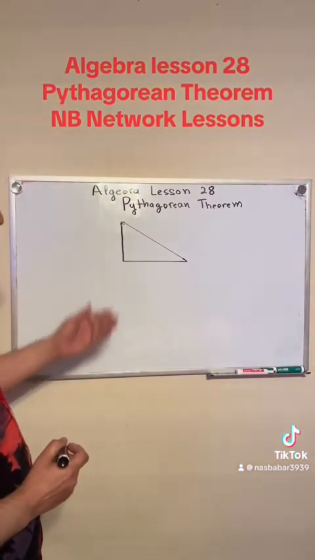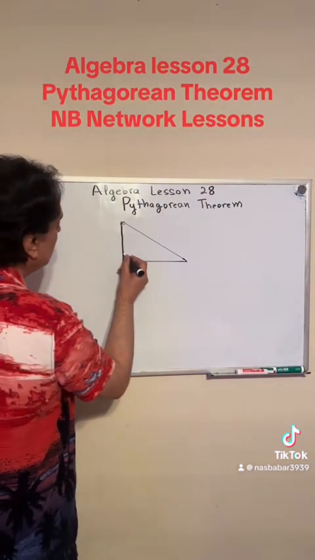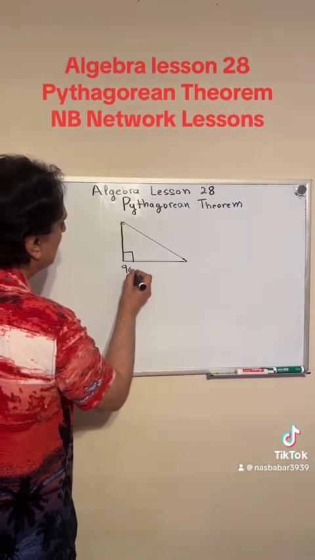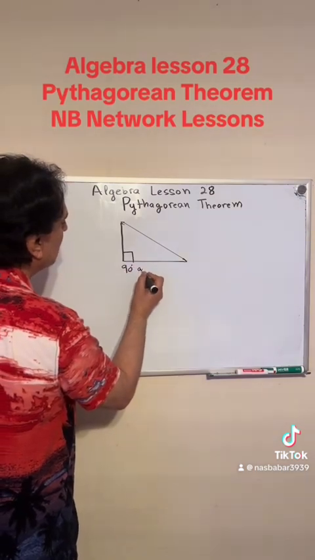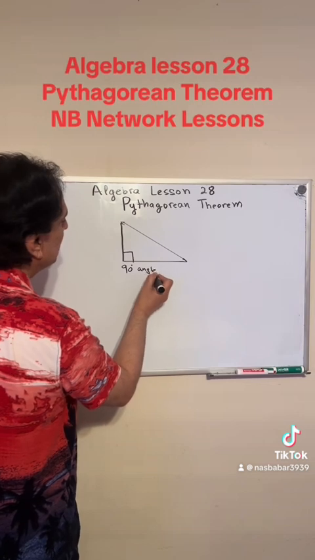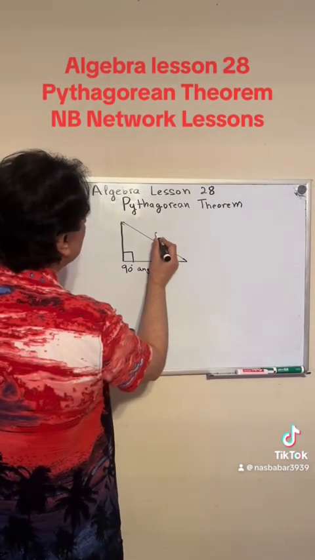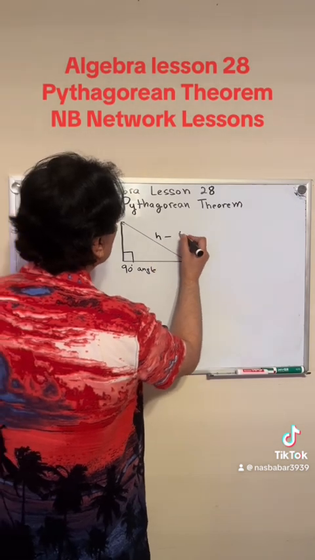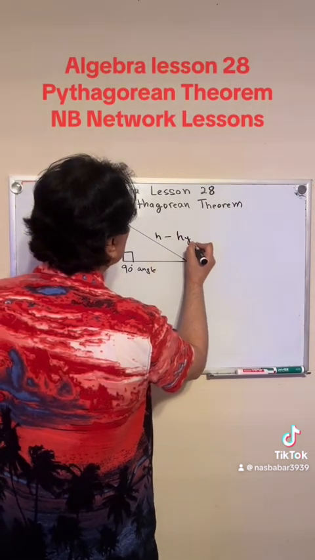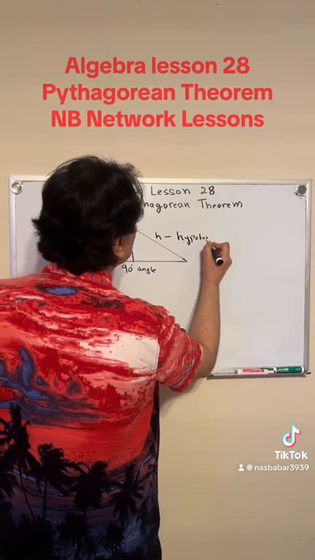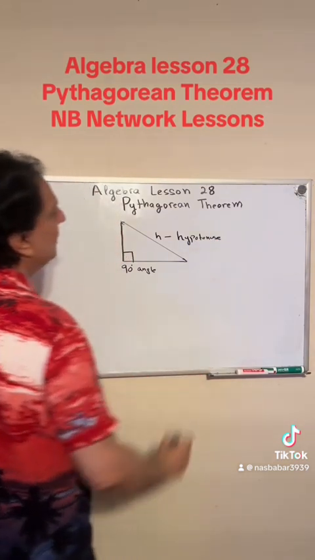This is a right angle triangle. This right here is the angle, 90 degrees, okay? And this right here, we call it H. It is the hypotenuse.